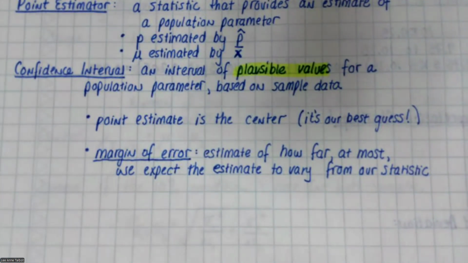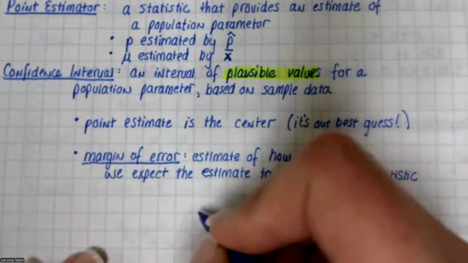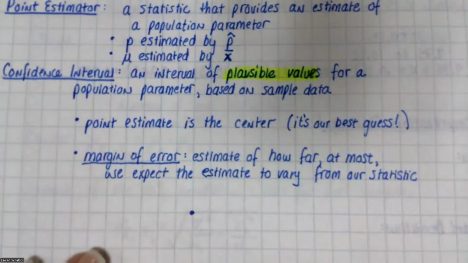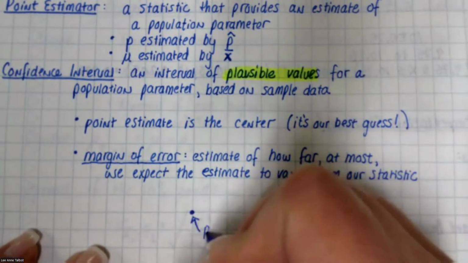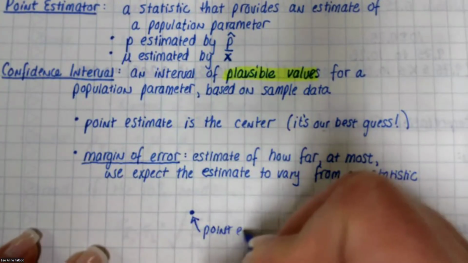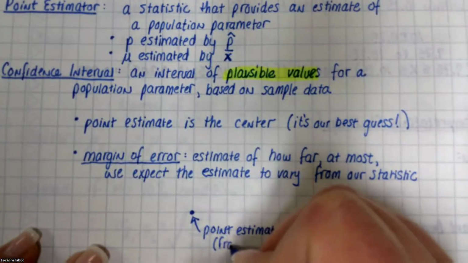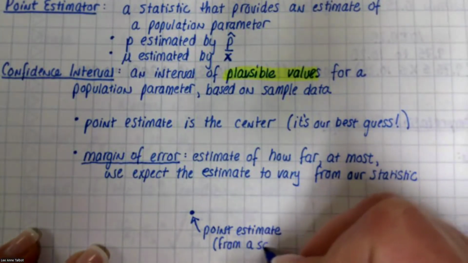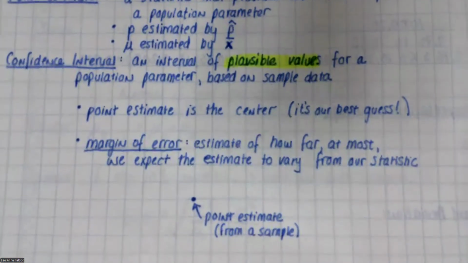Okay. Now for my visual learners out there, I like to represent a confidence interval in a picture. So we're going to draw a picture of a confidence interval. It's very complicated. No. Okay. It's got a center, which is a value you would get from a sample.